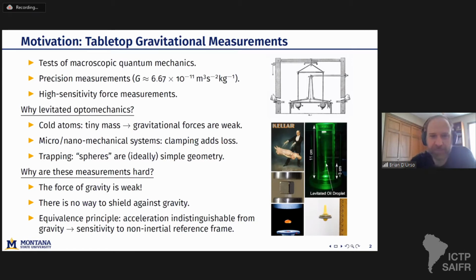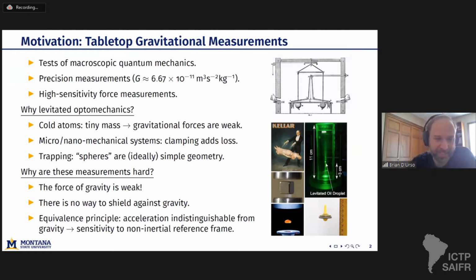And then a third motivation for us, particularly for precision measurements, is that if you have spheres, or ideally spheres, that you're trapping, it's a nice simple geometry and it makes precision measurements convenient in many cases. Of course, one thing I'm going to come to a little bit later is that our particles are not perfectly spherical, and it actually causes us some difficulties.